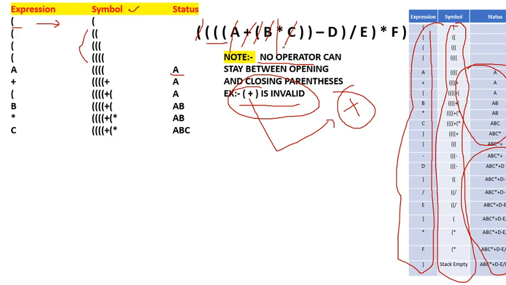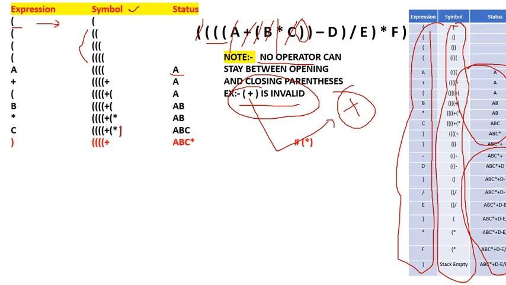Now this is the most important condition. You are seeing that a closing parenthesis is coming. Here you are seeing that this multiplication operator is written between the opening and closing parenthesis.